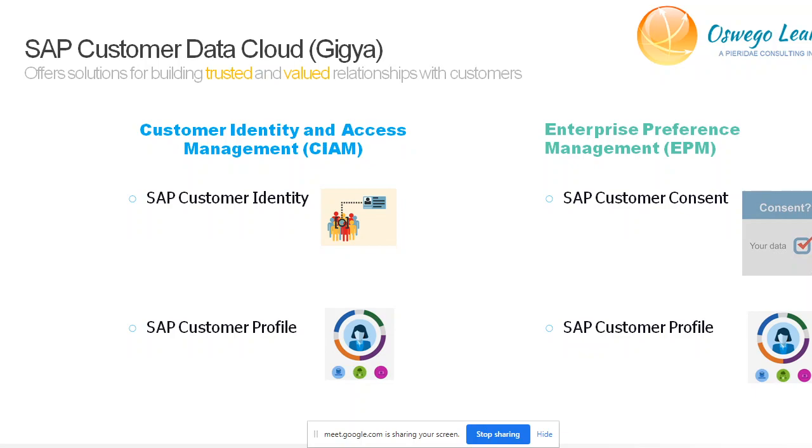These rules and restrictions are there. So before starting any campaign or launching a new product, they have to take the consent of the customer. Okay, so customer consent management is very important. And then in enterprise preference management, customer profiling is also available.